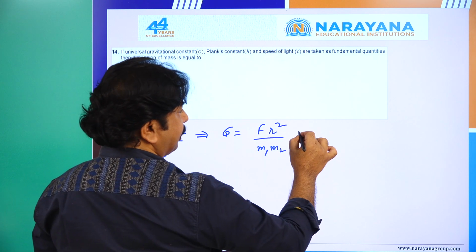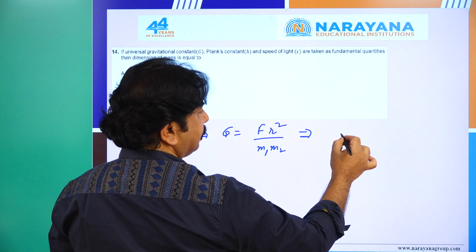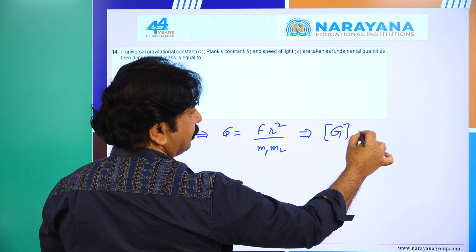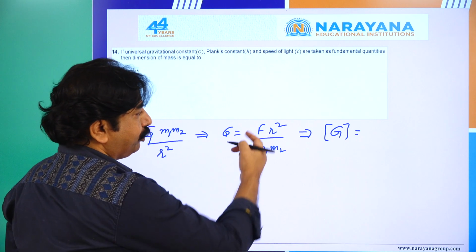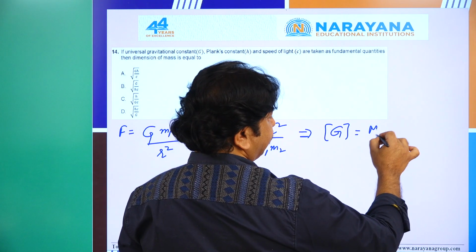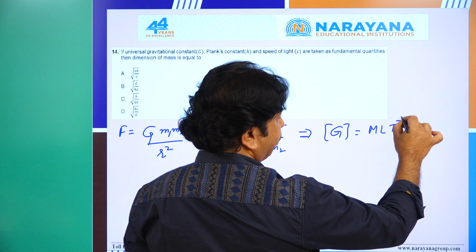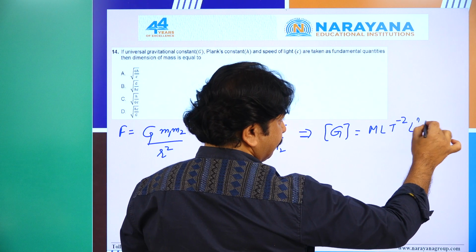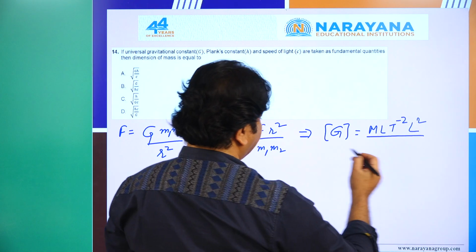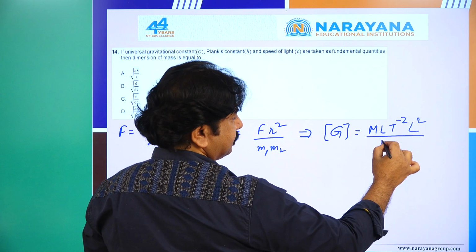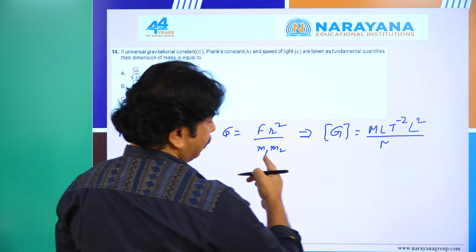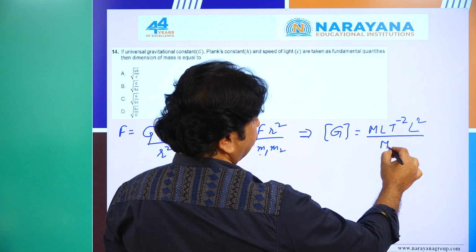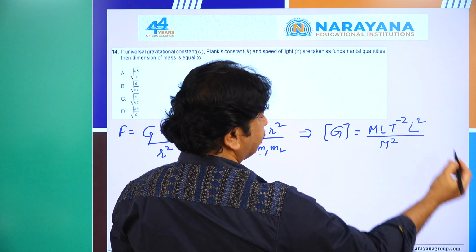So the dimension formula of G is equal to force, M L T power minus 2, into r square, L square, by masses, here m1 and m2 are masses, square.